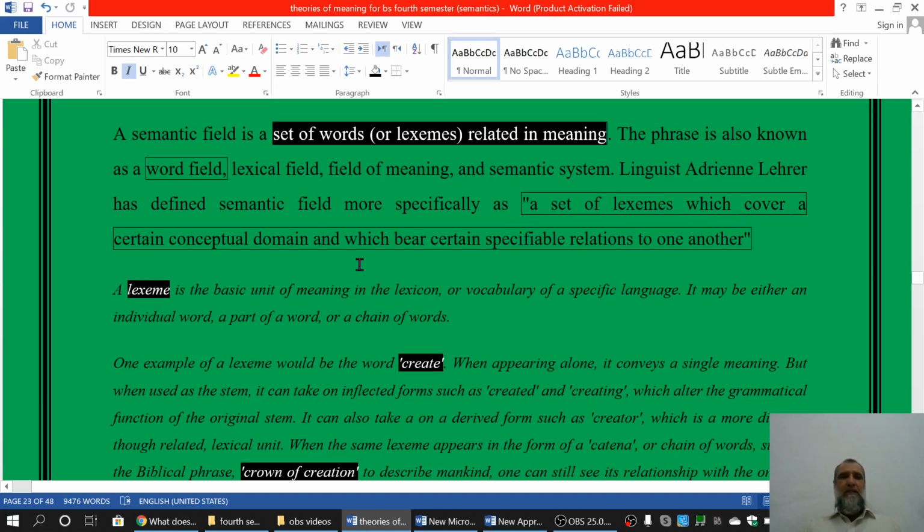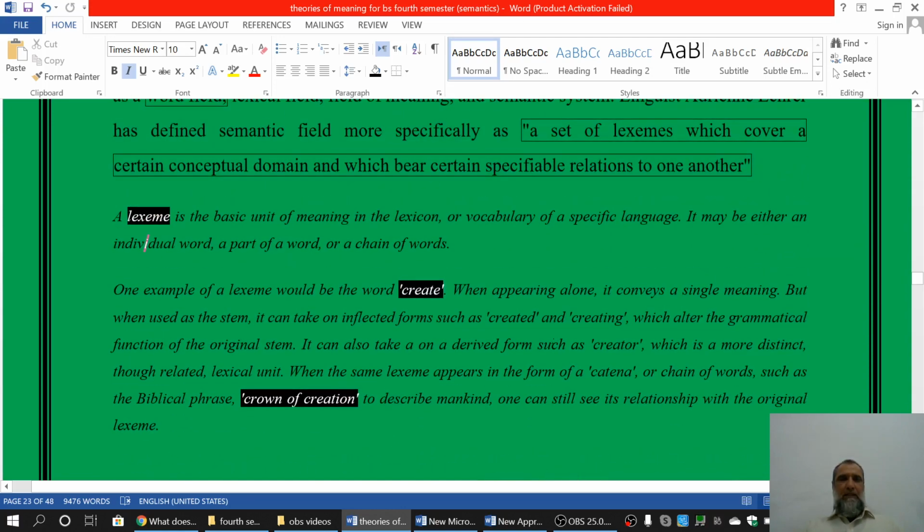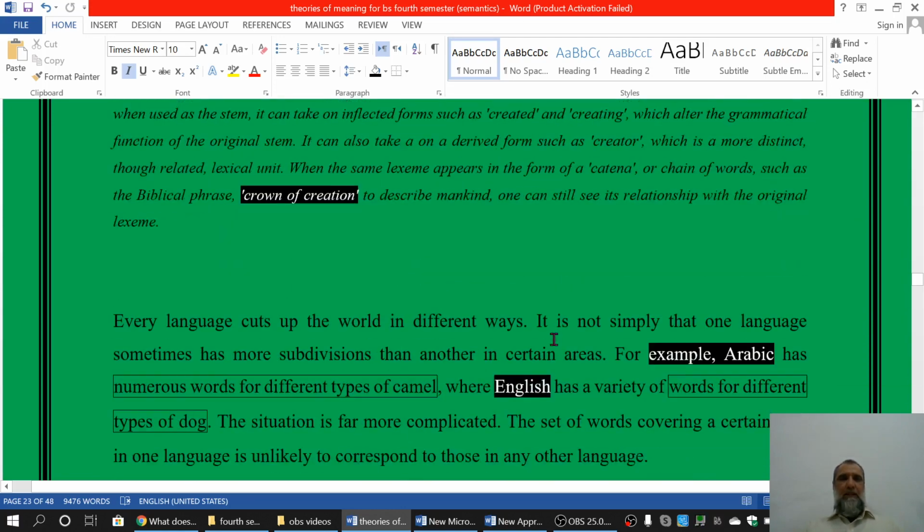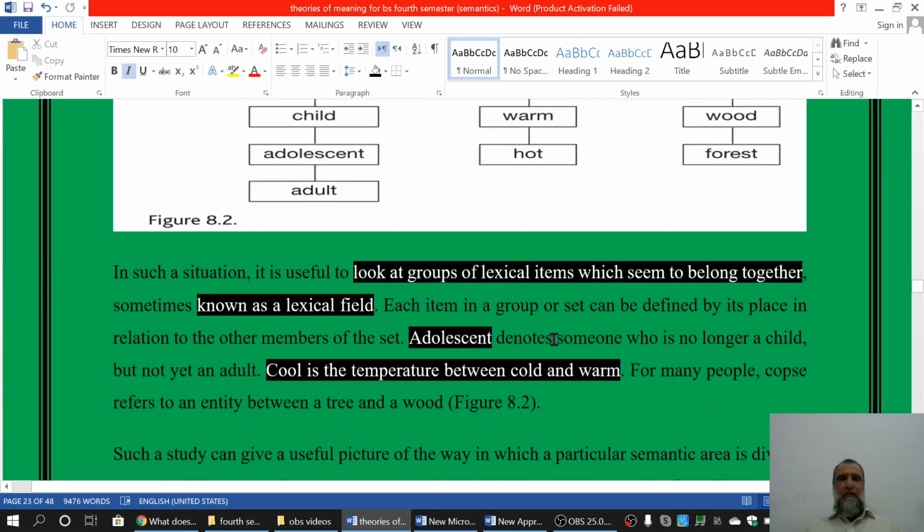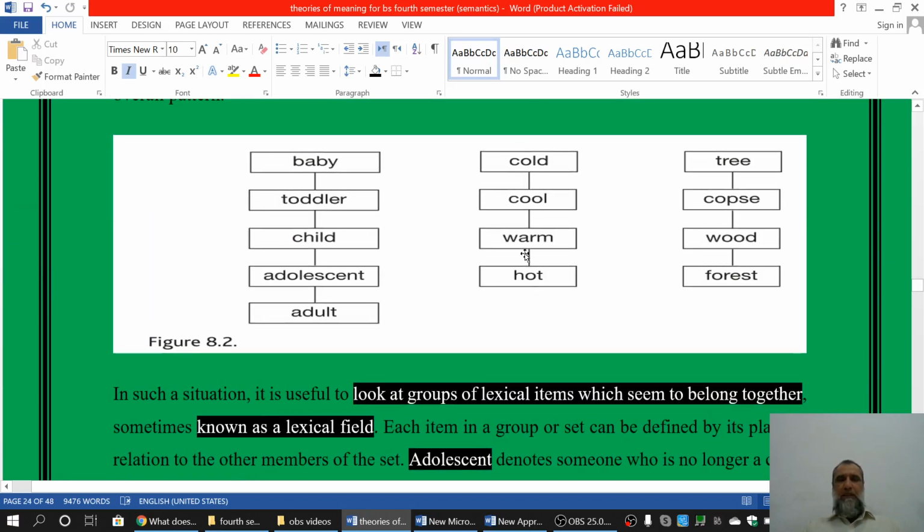which cover a certain conceptual domain. What is meant by that conceptual domain? Let us have a look at that diagram once again. The conceptual domain, for example, of these words is that all of them represent temperature, and all of these refer to the kind of plants. These refer to the stages of human being in the development, the developmental stages of human being.